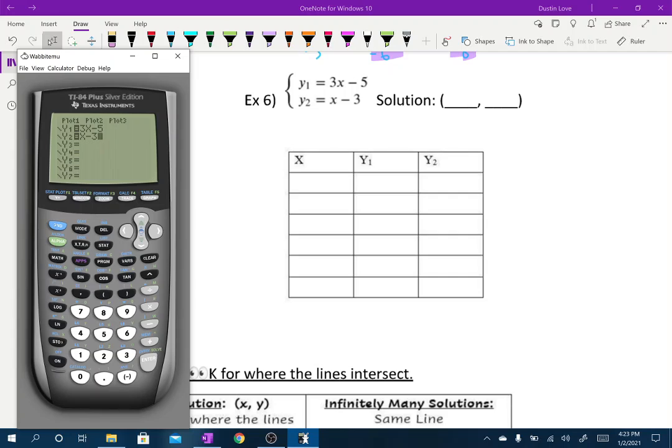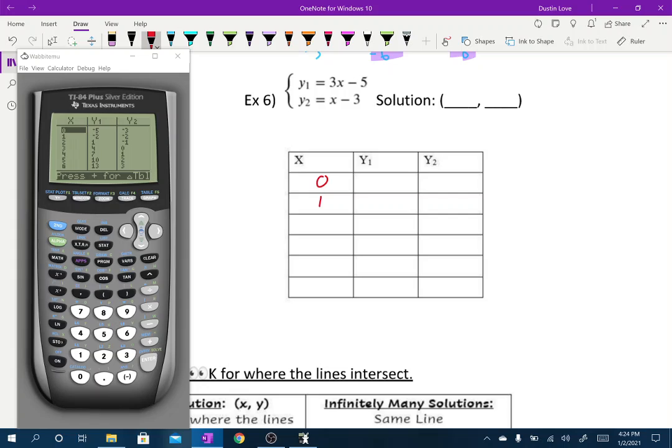Now we're going to go to second table once again and look to see if we can find one where they intersect. Let's see, 13 and 3, that's a difference of, wait, did I type it in right? 3x minus 5 and x minus 3. Yes, I did. That's a difference of 10. Here goes to 8. Here we got, oh yeah, negative 2 and negative 2 right there.